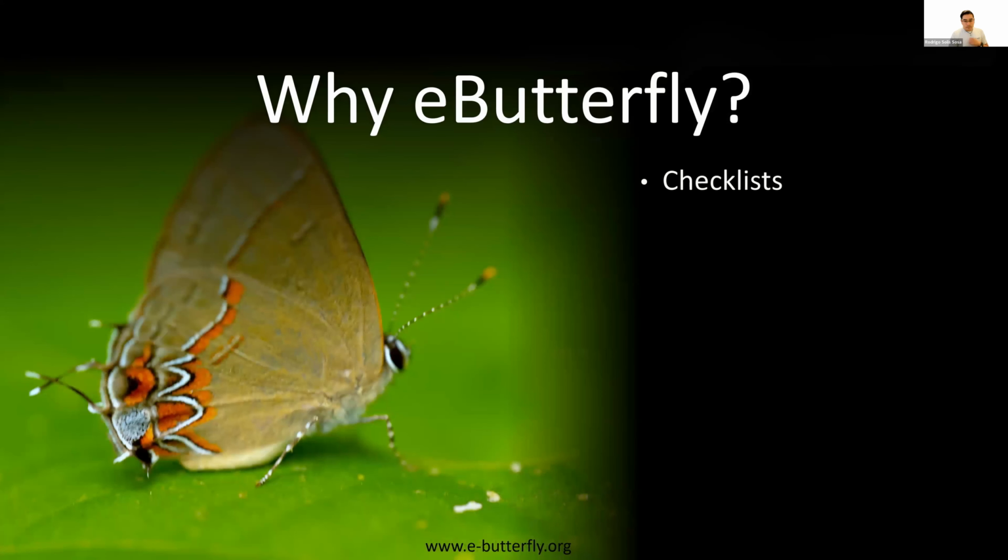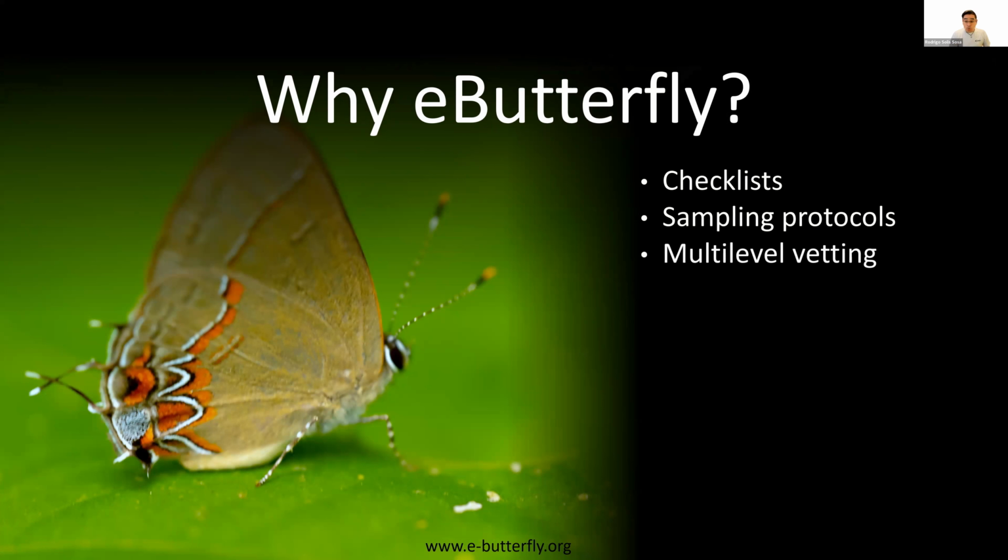Now, other than checklists, some other things that make eButterfly what it is today are sampling protocols, so different ways of how to report that unit of effort that we just talked about. Multi-level vetting, that we're going to talk about in a second. The best AI species recognition tool out there.